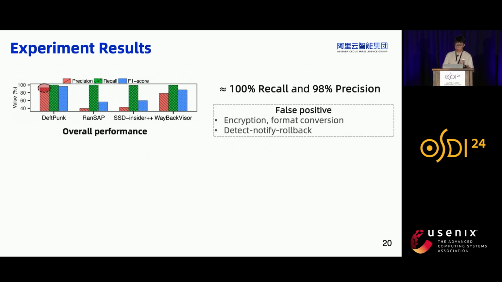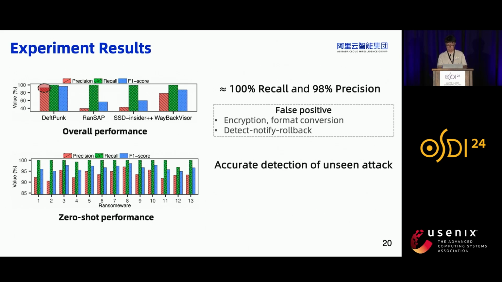The only case where we have a low precision is because the user has exactly the same behavior as ransomware, for example, encryption. But it's not an issue because when we detect it and notify the users to perform rollback, if the user thinks this is a false positive, he can simply choose to ignore it. We also tested zero-shot performance by excluding one ransomware from our training.